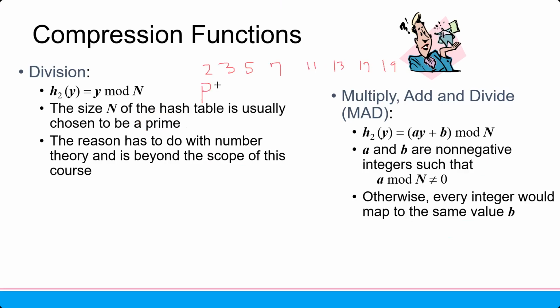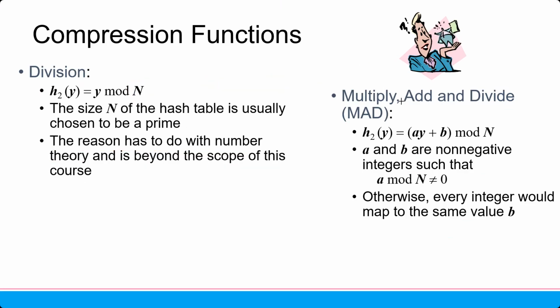So this is a prime number, a number that can be divided by 1 and its own number. The reason has to do with number theory and is beyond the scope of this course. Anyway, the N, you need to choose from these numbers. Usually, this number will be a better representation for the compression function.